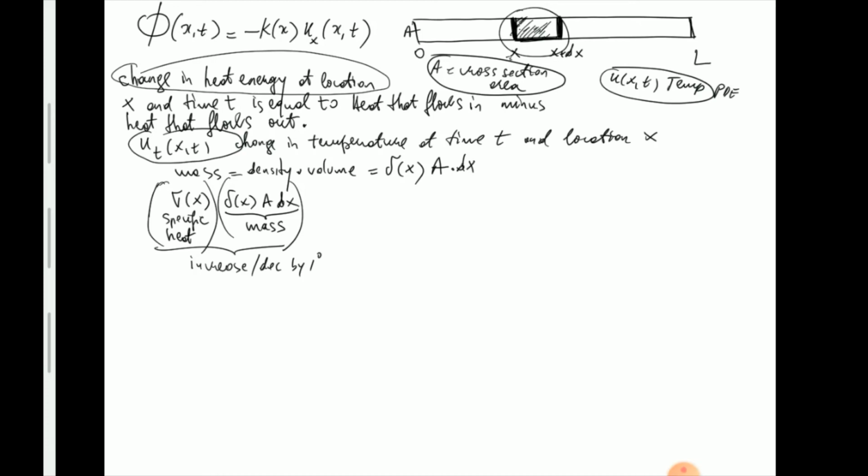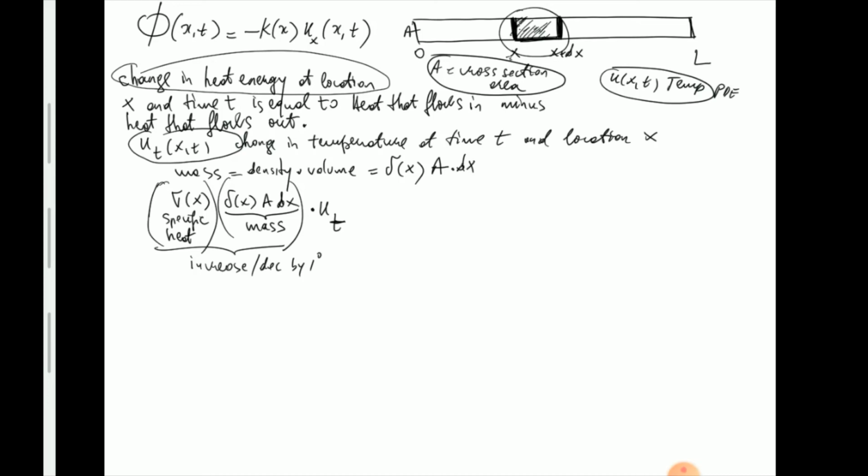We know that it's changed in reality by u partial t, because that's the meaning of u partial t. So therefore, the full left-hand side is going to be this times u partial t. So once again, all these coefficients in front of u partial t is the amount of heat energy needed to make a change of 1 degree. U partial t is the amount of actual change at that location and time t.